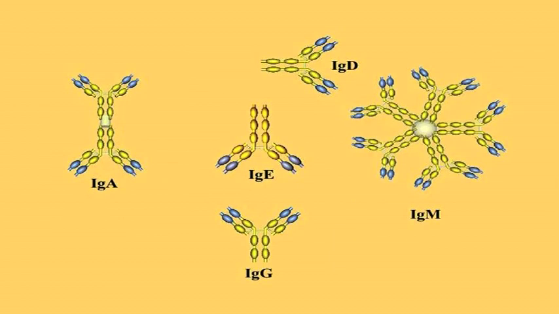In mammals, there are 5 types of immunoglobulin: IgA, IgD, IgE, IgG and IgM, differing in biological properties, and each has evolved to handle different kinds of antigens.